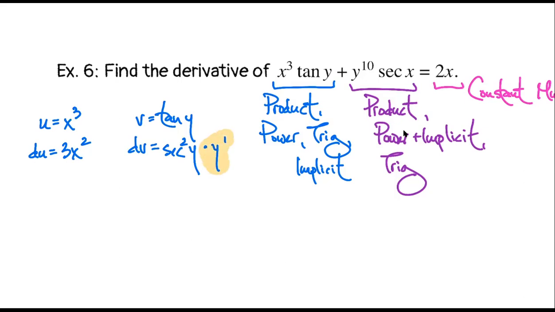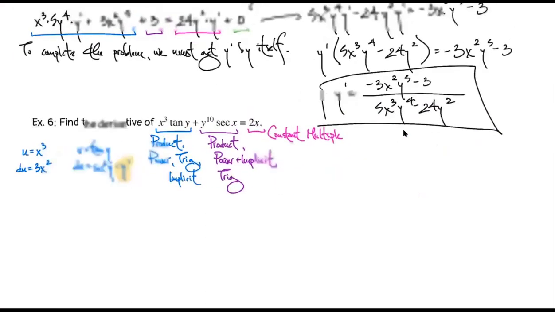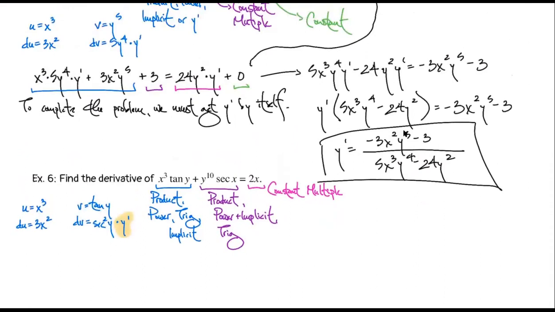Forgetting this, if you don't have any y primes in the whole thing, you're not going to have anything to collect on one side. You won't have an answer, okay? So having that y prime where appropriate is so important, all right?